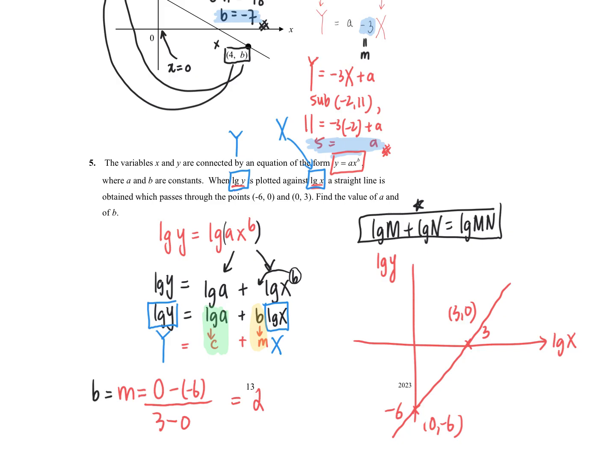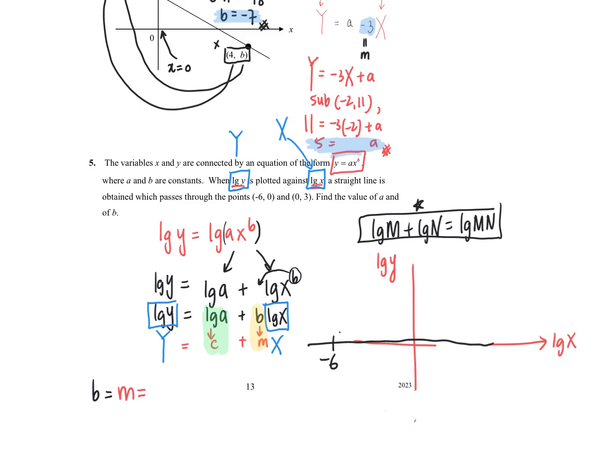Sorry. Okay, wait, this is -6, 0. So it's here. Then 0, 3 here.